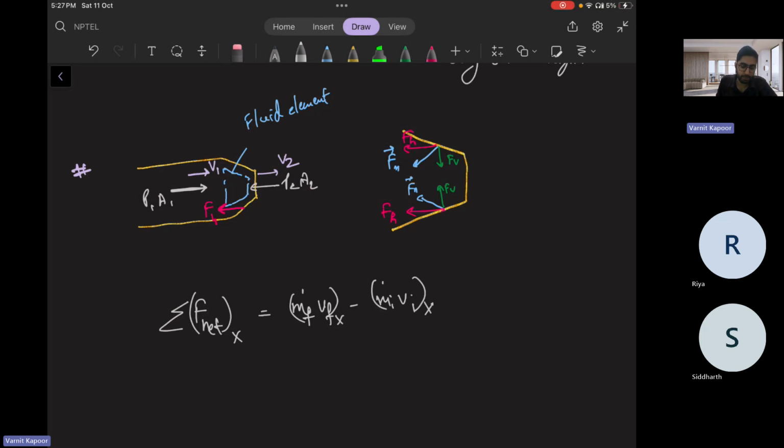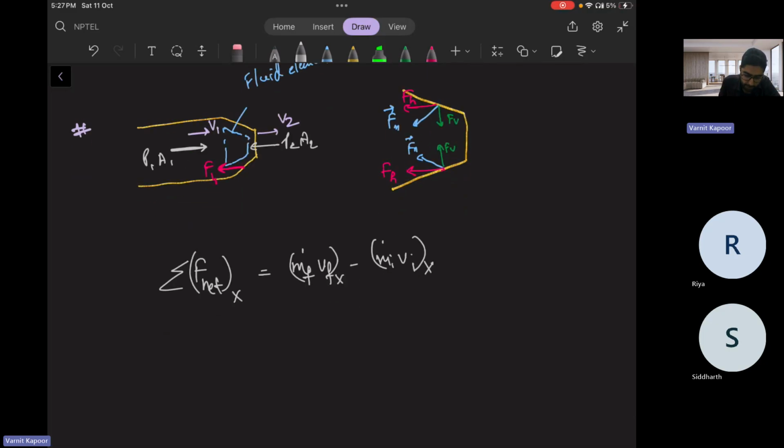So in the x direction, what forces are acting? Let us suppose this direction is positive. So P1A1 minus P2A2 minus F horizontal. This is the net force.